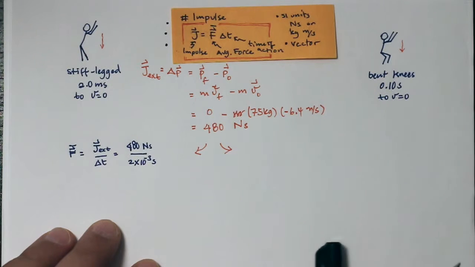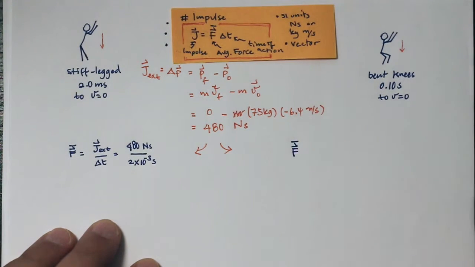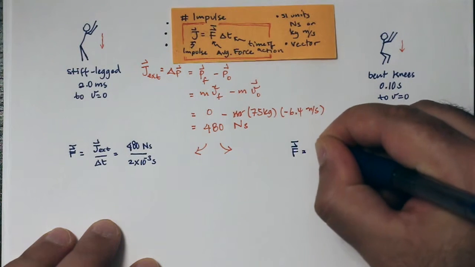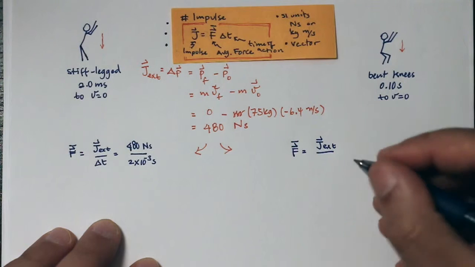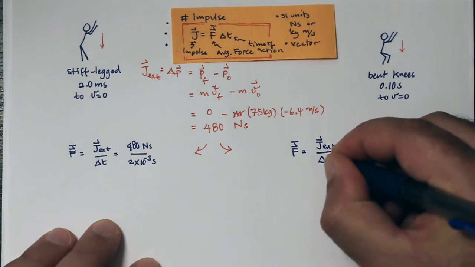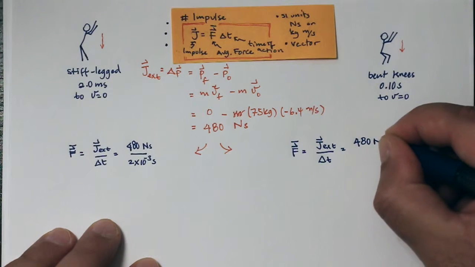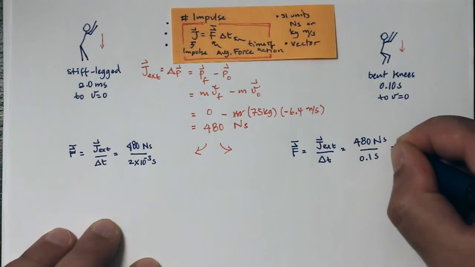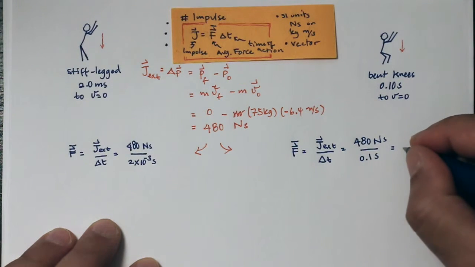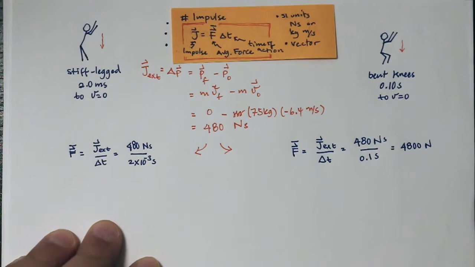And in the case of the bent knees, the average force is equal to the impulse by external forces divided by the change in time, and it's the same exact impulse, but now the time is 0.1 seconds, so that just adds a 0 here, so that becomes 4,800 newtons.